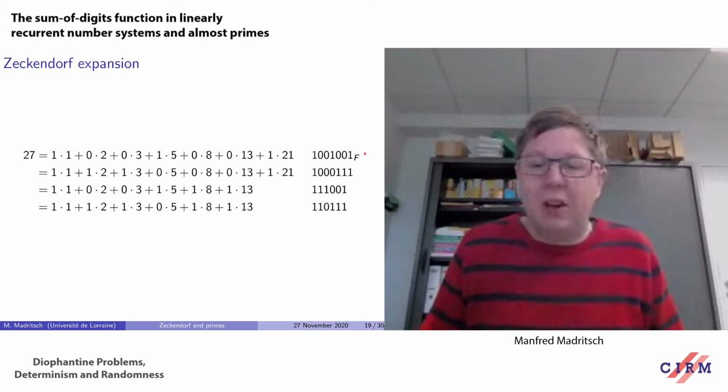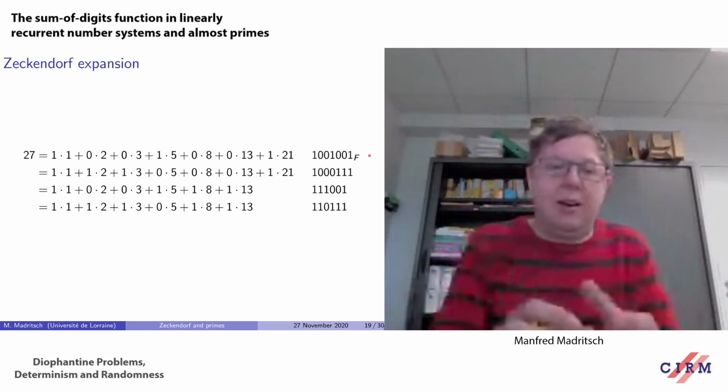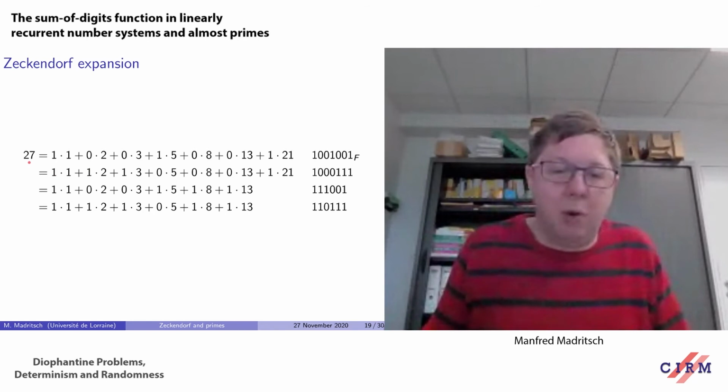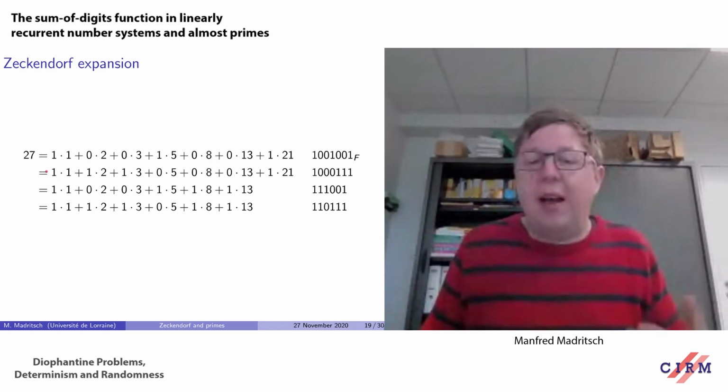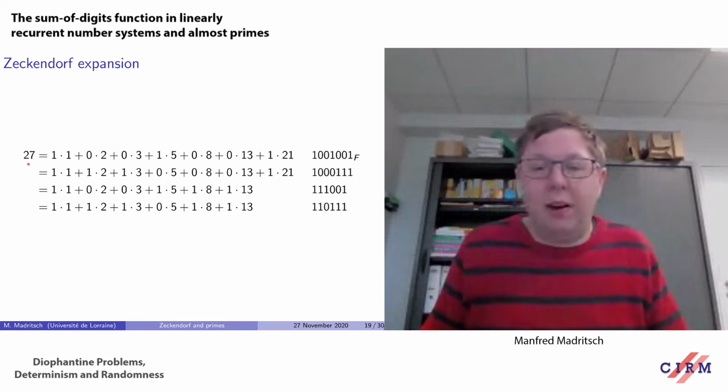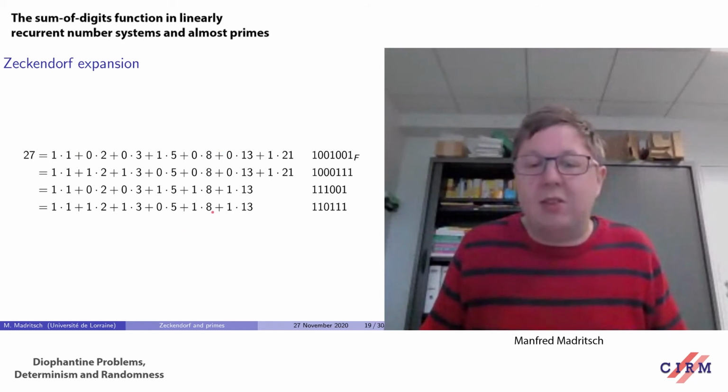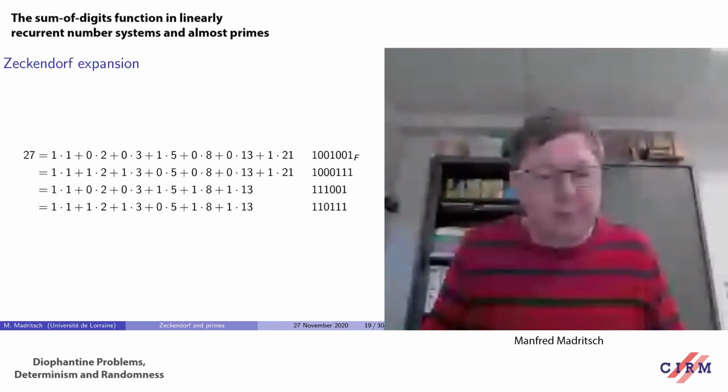You take the largest Fibonacci number that is smaller than or equal to 27, you subtract it, and with the rest you look for the largest, and so on and so on. And then you get exactly this expansion. The other expansions, you have to work a little bit for them.